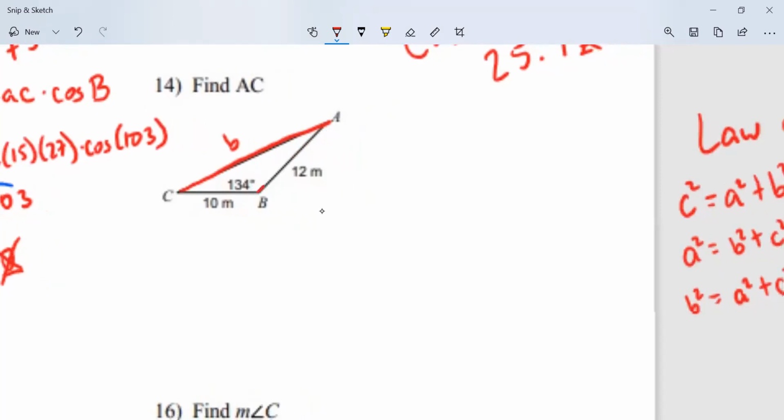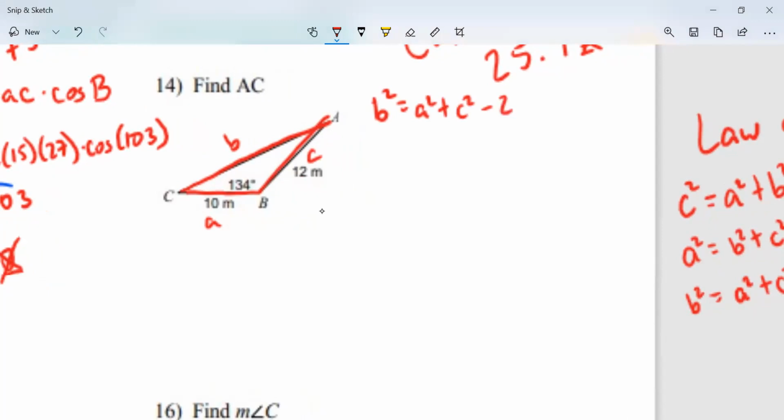I have side C, I have side A, and I have angle B. Because I'm given angle B, the formula I'm going to use will be B squared is equal to A squared plus C squared minus 2 times A times C times cosine of angle B. Because I'm given angle B, I'm going to use the one that finishes with cosine of angle B. Let me replace the values that I know.